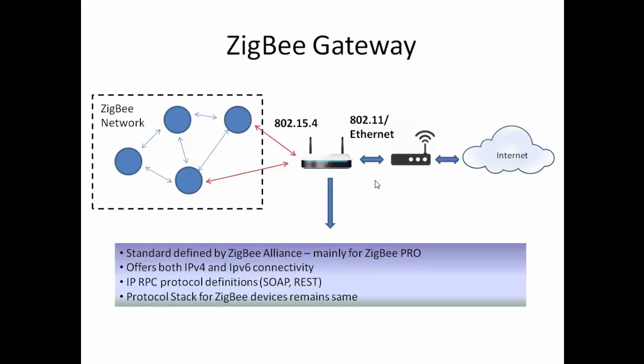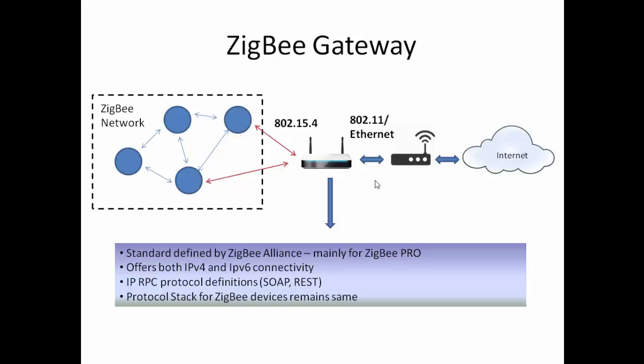Now the development of this gateway is defined as a standard in ZigBee, and it is mainly defined according to ZigBee Pro, which is the protocol we had seen earlier. And this gateway offers both IPv4 and IPv6 connectivity, and it also offers IP RPC protocol definitions like REST, SOAP.